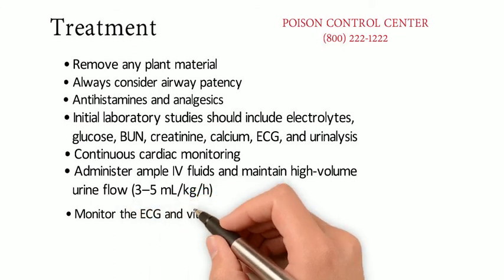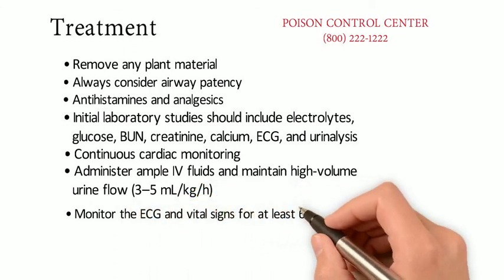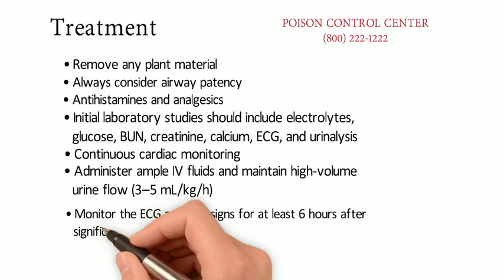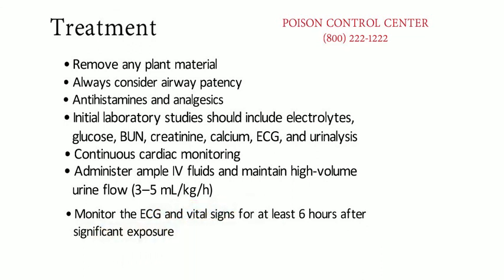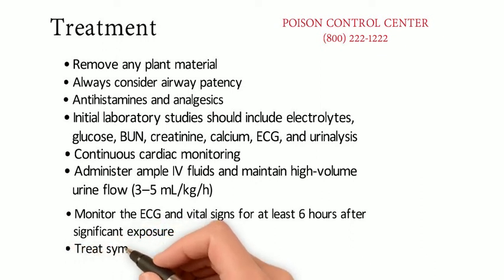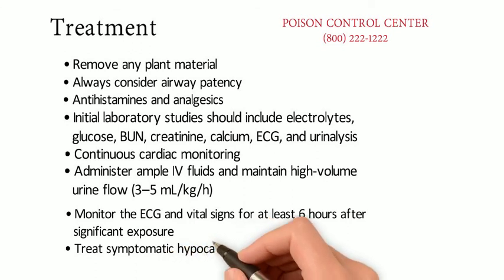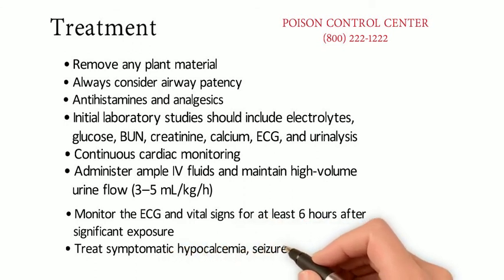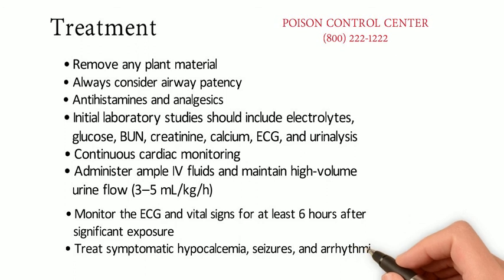Monitor the EKG and vital signs for at least 6 hours after significant exposure and admit symptomatic patients to an intensive care unit if needed. Administer 10% calcium solution, either chloride or gluconate, to counteract symptomatic hypocalcemia and treat seizures and arrhythmias if they occur.